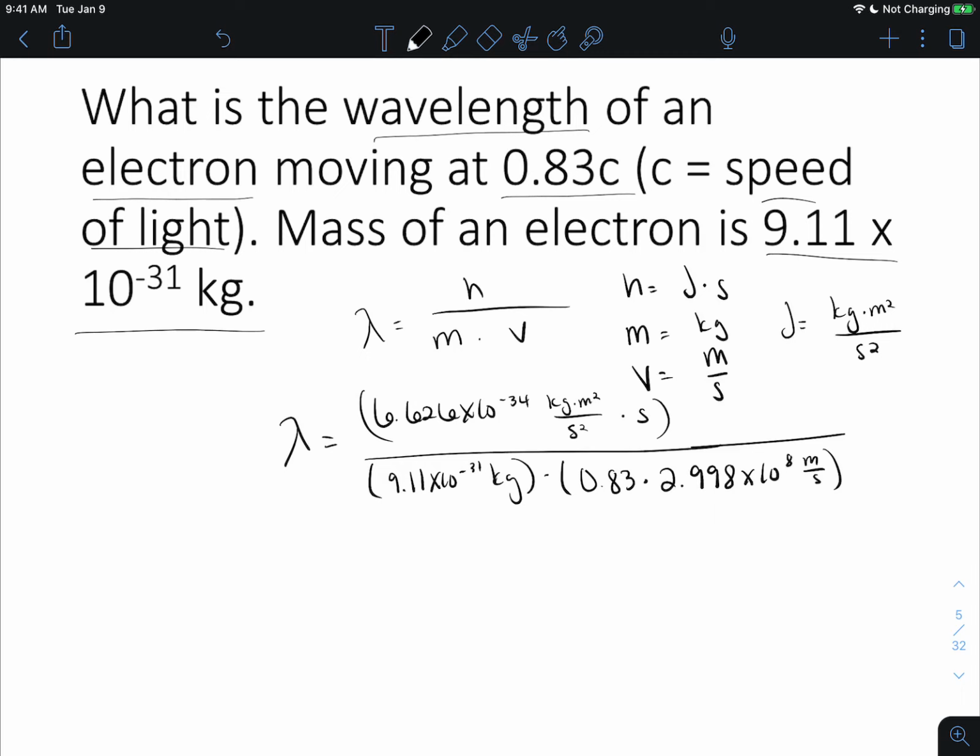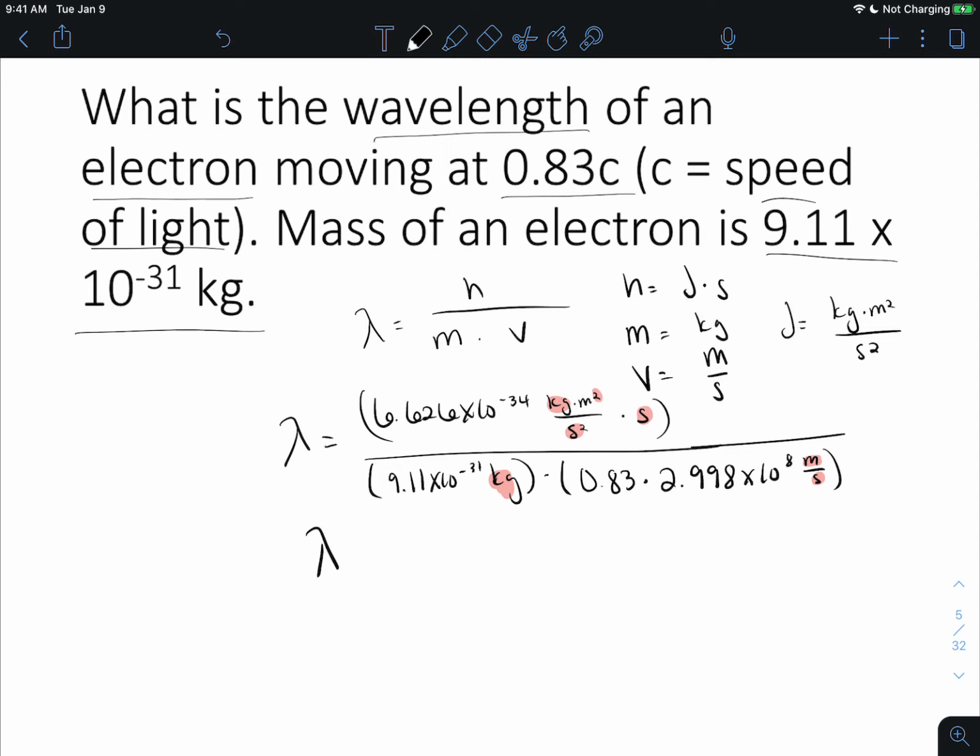Okay, I'm just going to take a quick detour to look at how our units cancel out. So one of these meters is going to cancel out. And then both of these seconds will cancel out with that. And this kilogram will cancel out, leaving us with just meters at the end because we put our mass in kilograms.